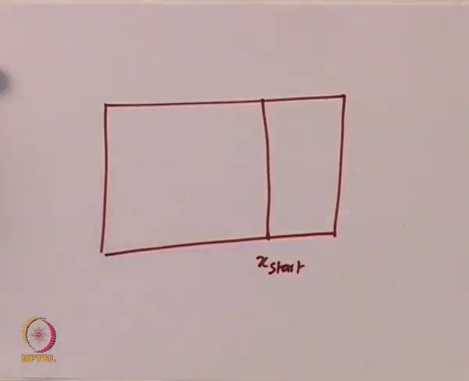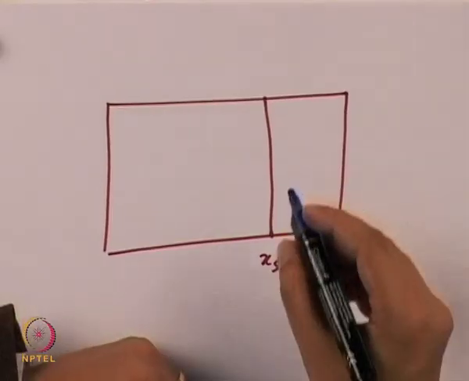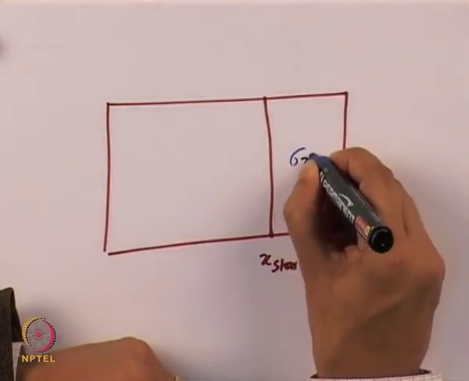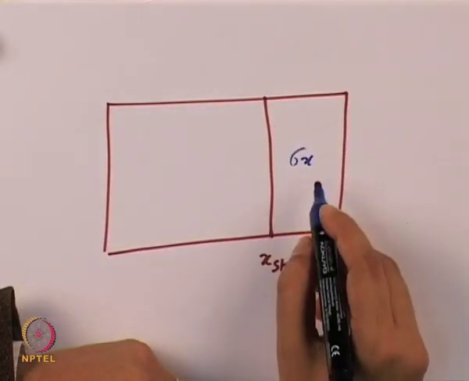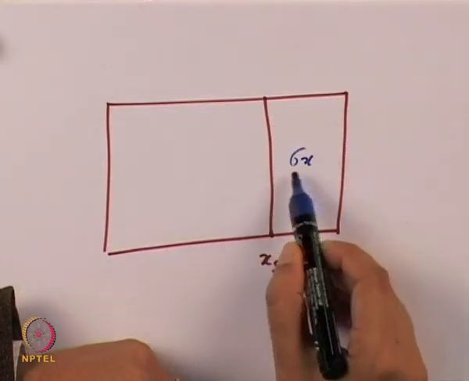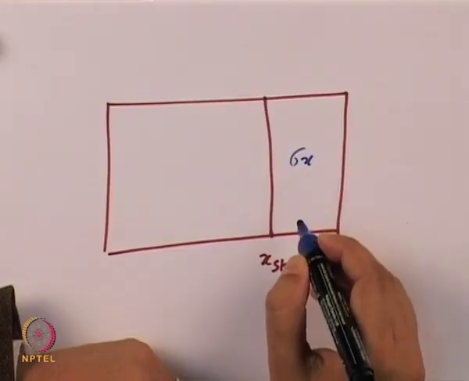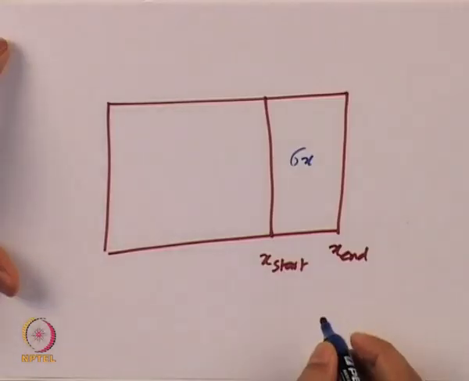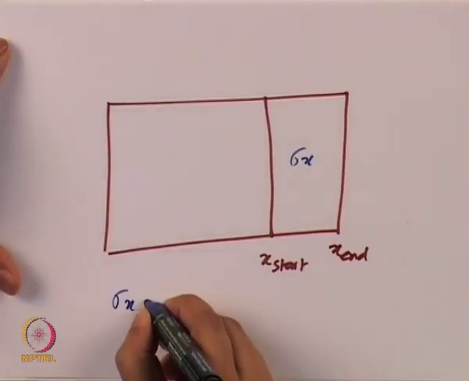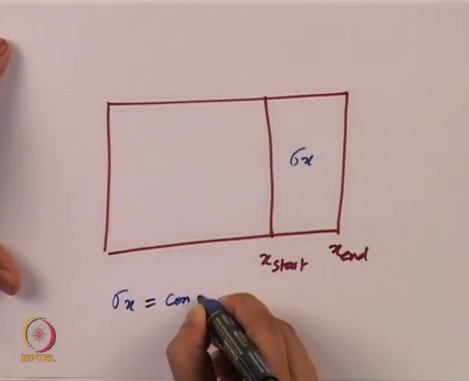The conductivity sigma x is going to have various values across the entire PML. It can either have a constant value, so between x start and x end, sigma x is equal to constant.